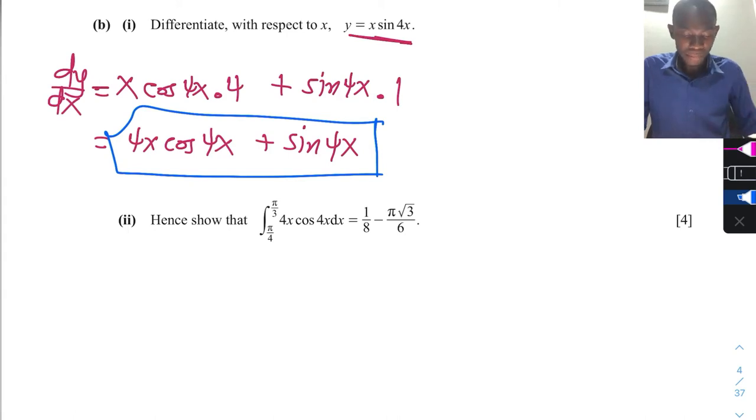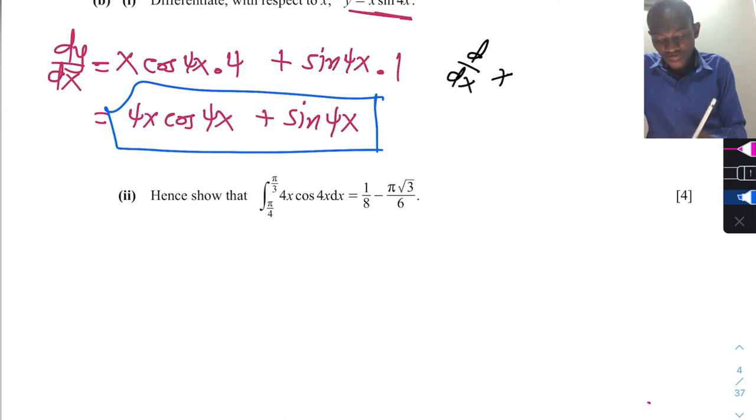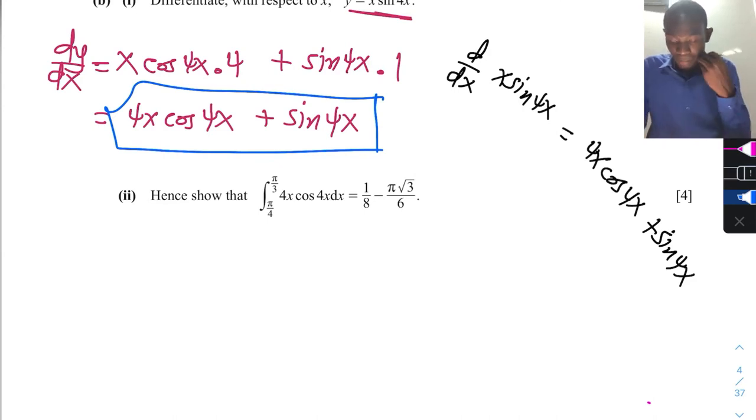Now, like I did in the first one, you need to understand what has happened here. With the first one, you argue that when you differentiate x sine 4x, you get 4x cos 4x plus sine 4x.